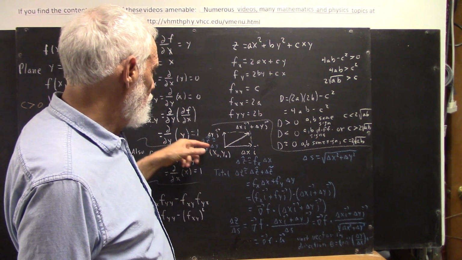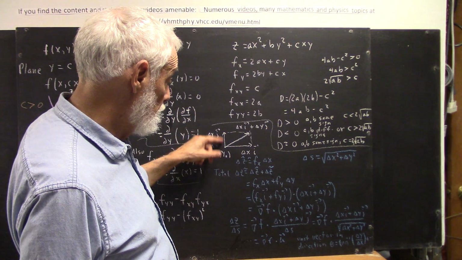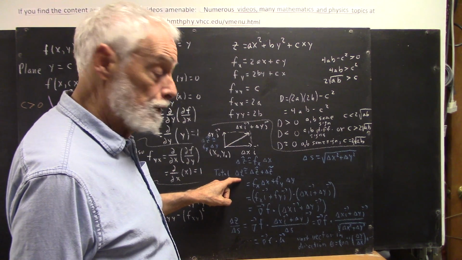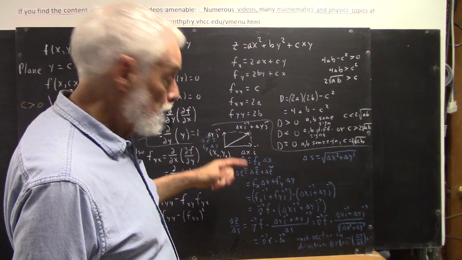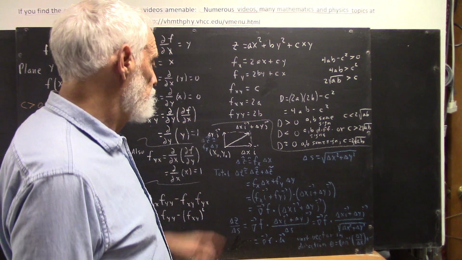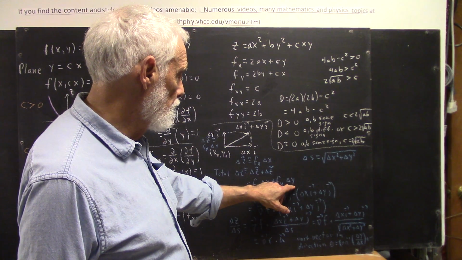So when we add the delta z hat, delta z tilde here to the delta z hat that we get here, we get a decent approximation of delta z to the extent that delta x and delta y are both small enough. Okay, so the delta z we get is equal to fx delta x plus fy delta y.